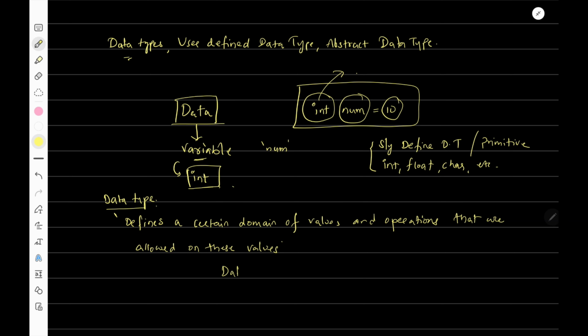So for a data type there will be some data, and there are operations that can be performed on the data. These two are the fundamental things that define a data type.